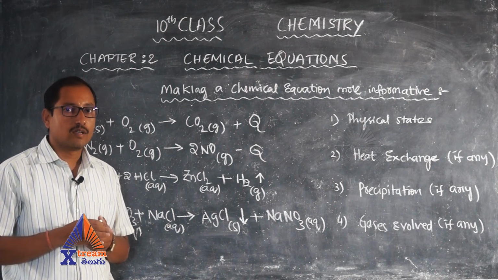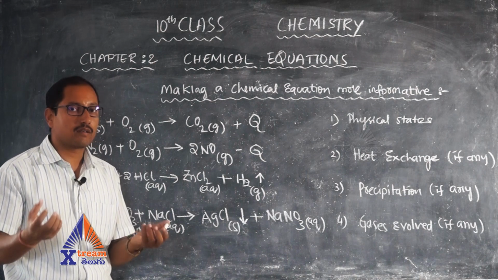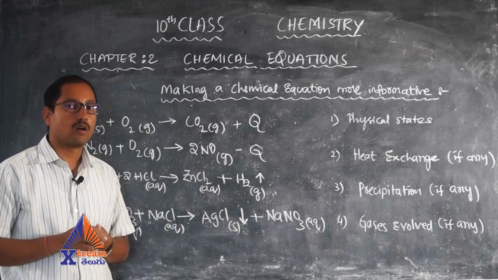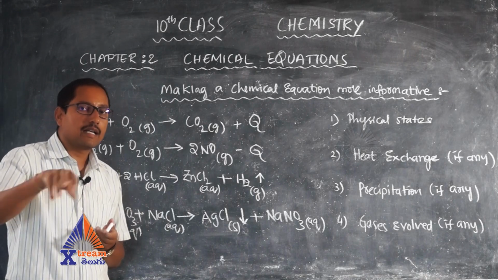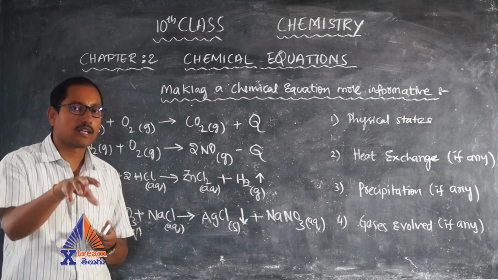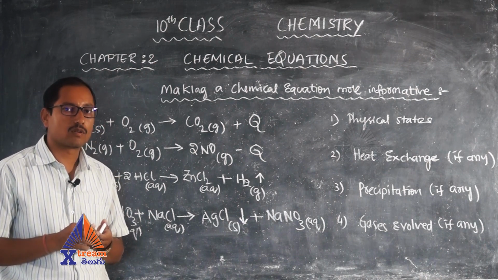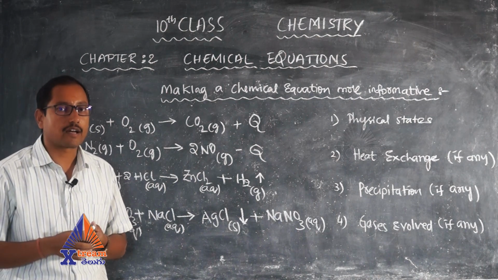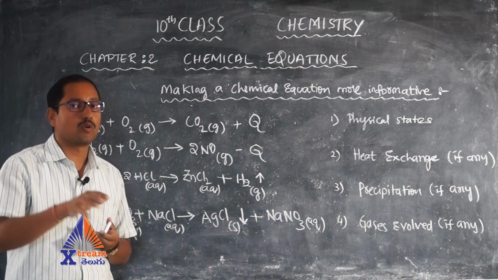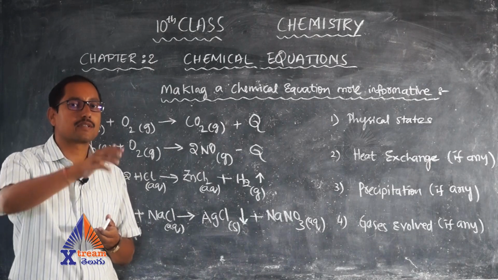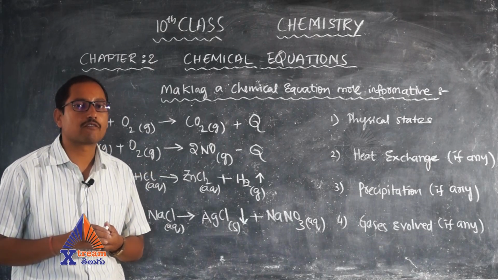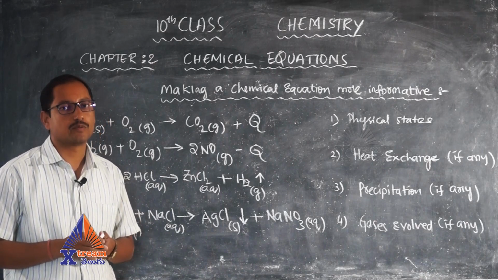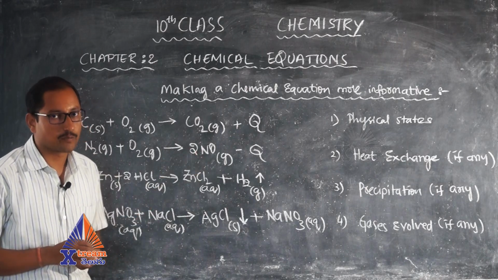Or, during the chemical reaction, whether heat is produced or absorbed, or is there any formation of precipitation, or is there any gas evolved during the chemical reaction? If so, how to represent all these cases in the chemical equation itself? These questions can be answered in this video. So let us get into this video.